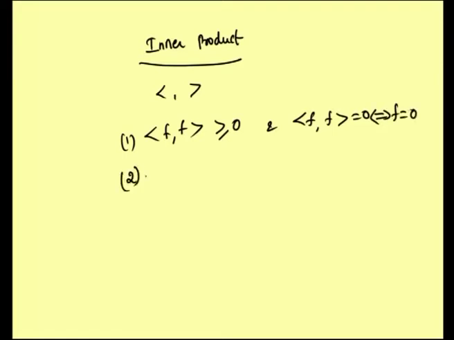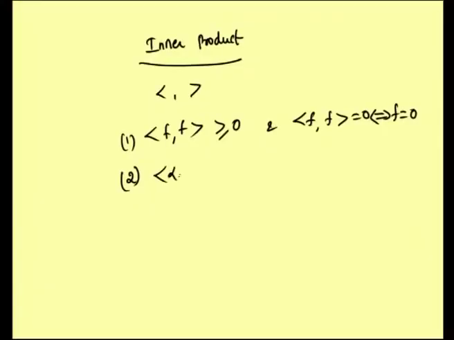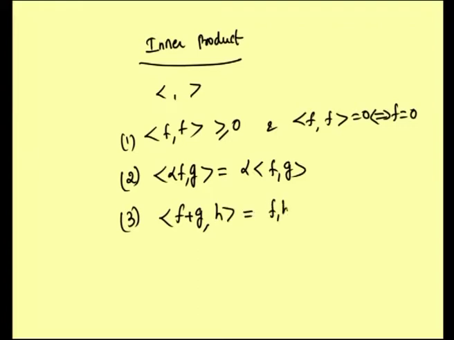This is the first condition to be satisfied for an inner product. And then (αf, g) is equal to α times (f, g). And third is the triangle inequality: (f + g, h) is equal to (f, h) plus (g, h).